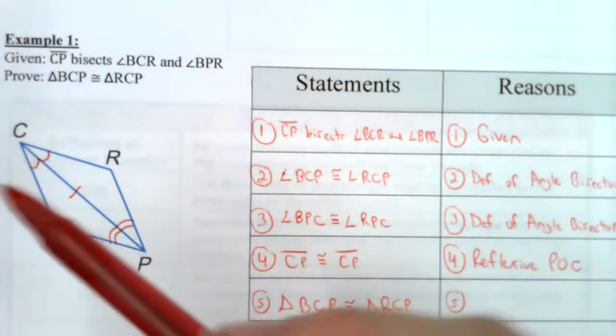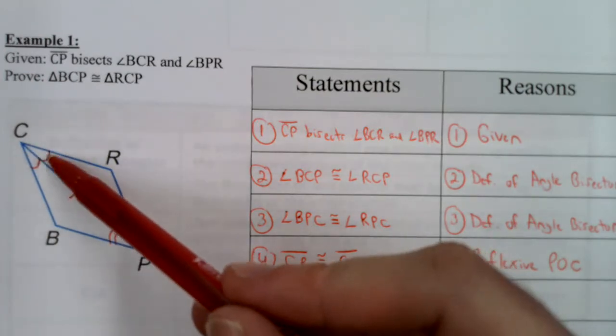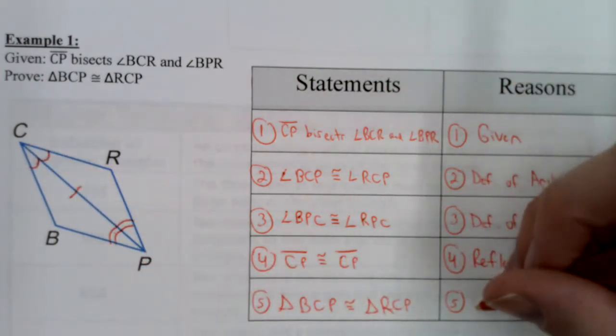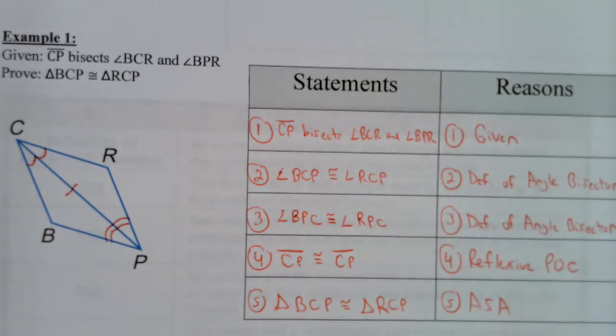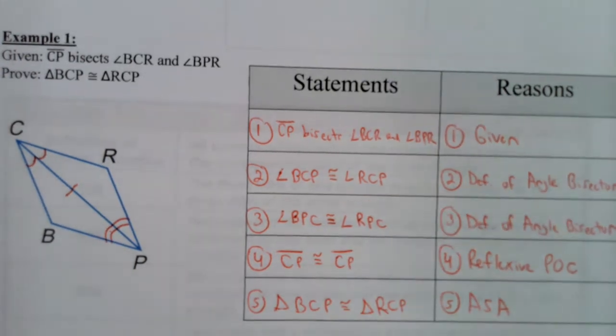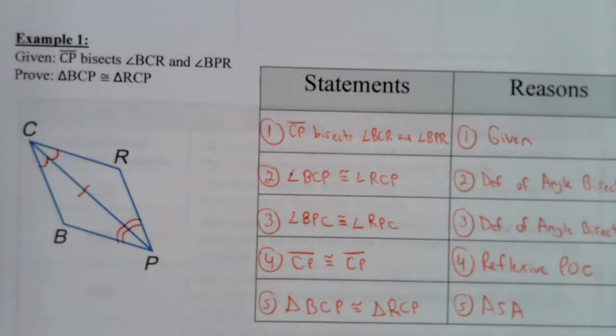And that goes angle, side, angle, angle, side, angle. So angle, side, angle. Obviously, because that was the one we just did on this page. So angle, side, angle. Okay, let's move on to the next page.